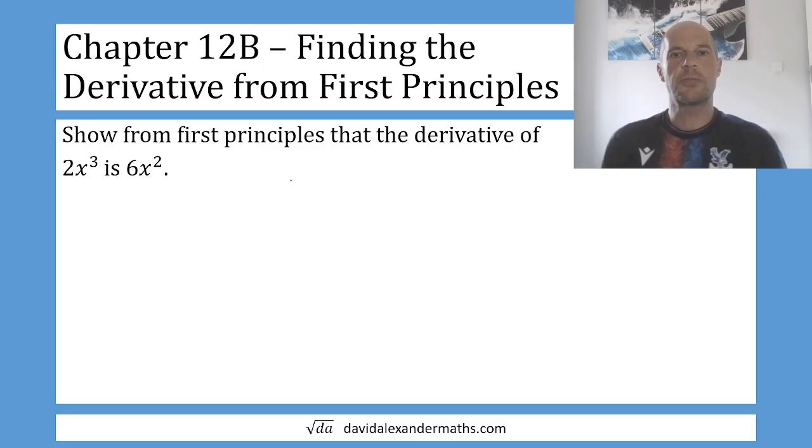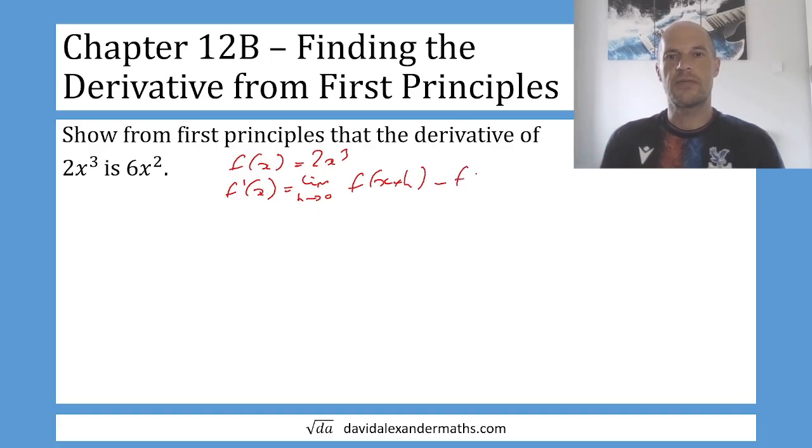Show from first principles that the derivative of 2x cubed is 6x squared. So the function of x is 2x cubed. So the derivative is going to be, as h tends to 0, the function of x plus h minus the function of x all over h.